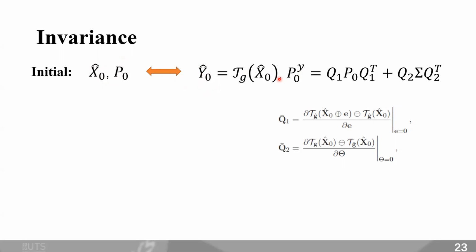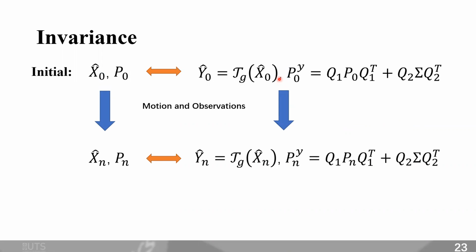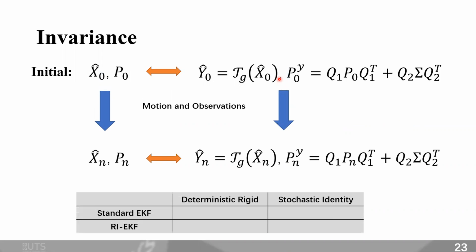It is like we just change the global coordinate. So after any number of motions and observations, the estimations should keep these transformations. But SO3-EKF is not invariant under the stochastic identity transformation, and RI-EKF is invariant under the stochastic rigid body transformation.